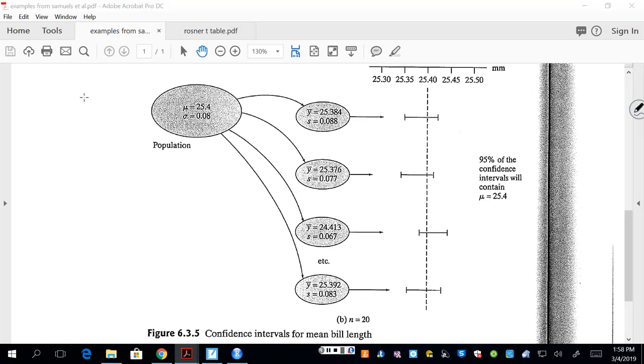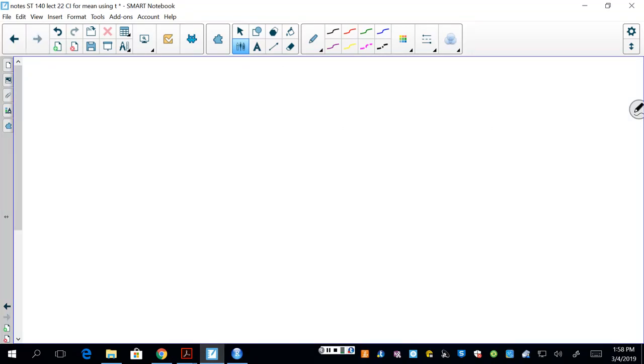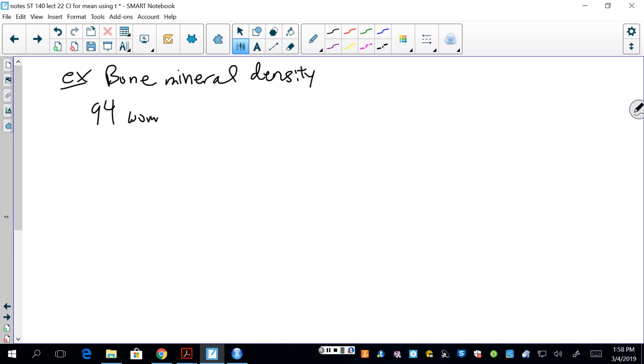Okay. New example. So say you're interested in measuring bone mineral density. And you have a sample of 94 women, ages 45 to 64, and so the average bone mineral density is reported as 0.878 grams per square centimeter.